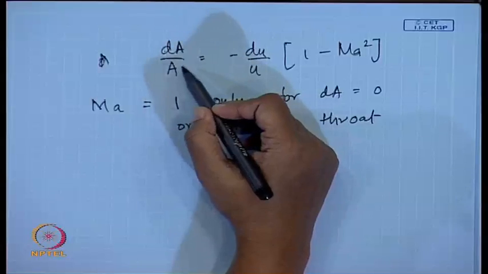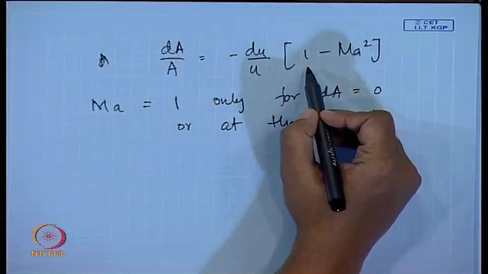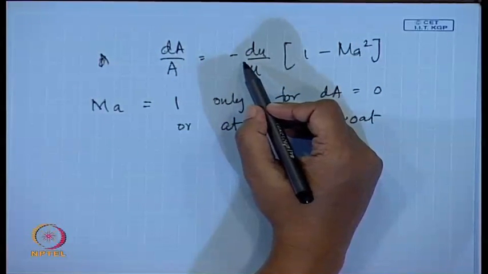Again the same thing. Does it imply that Mach number is always equal to 1 at the throat? Because dA equals 0 can be obtained either by Ma equals 1 or du equal to 0.